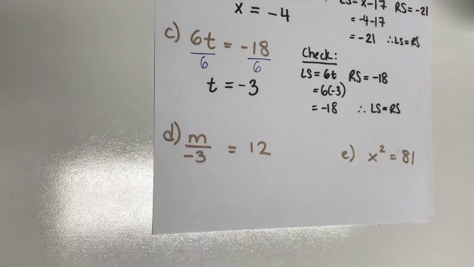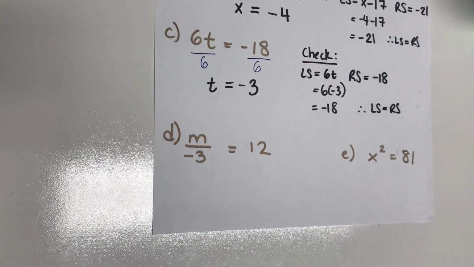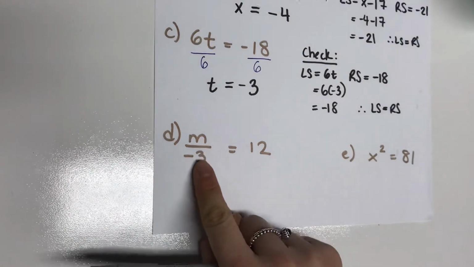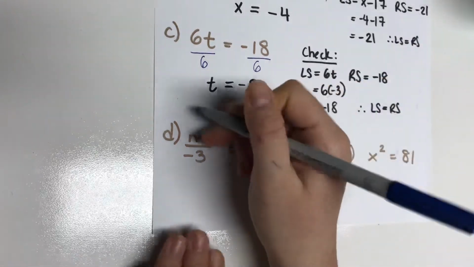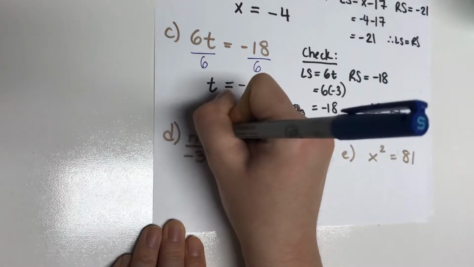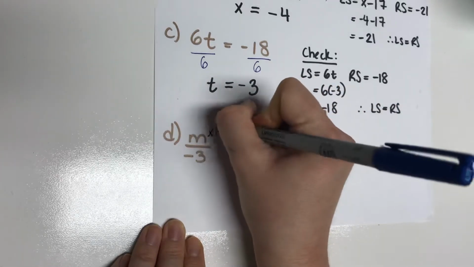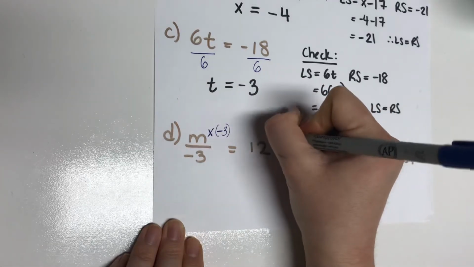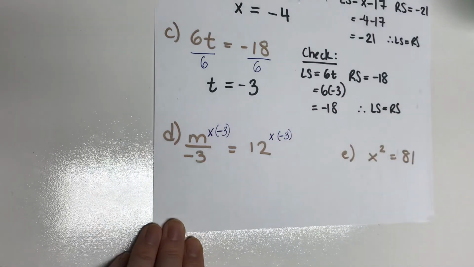Okay, over here, D, I have m over negative 3 is equal to 12. So that means the operation with the variable is it's being divided by negative 3, and the opposite is multiplying by negative 3. So I'm going to multiply both sides by negative 3.